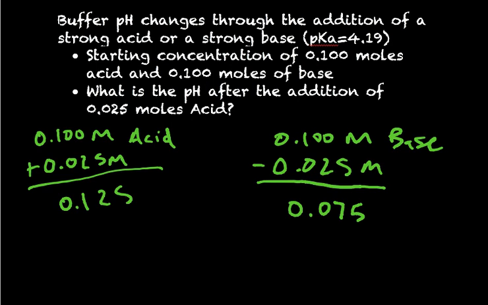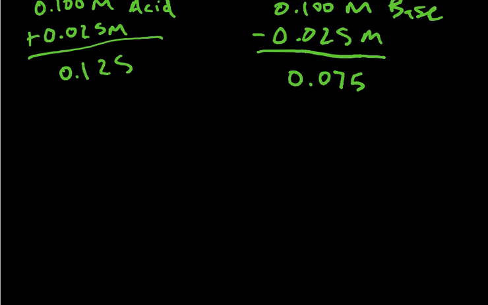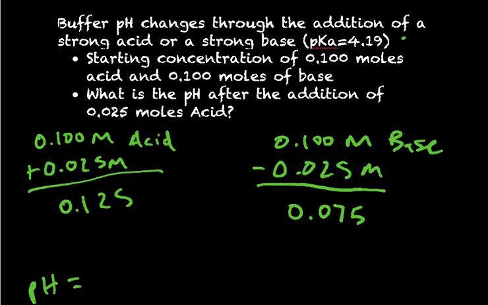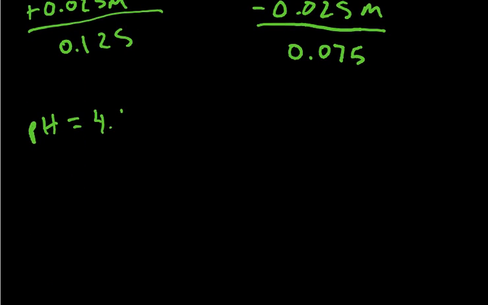Now we use the Henderson-Hasselbalch equation. So we have the pH is equal to the pKa, which we have is 4.19, plus the log of the base over the acid.